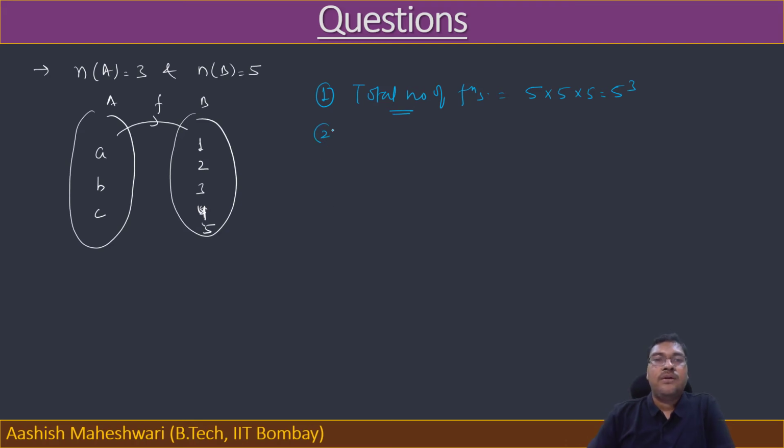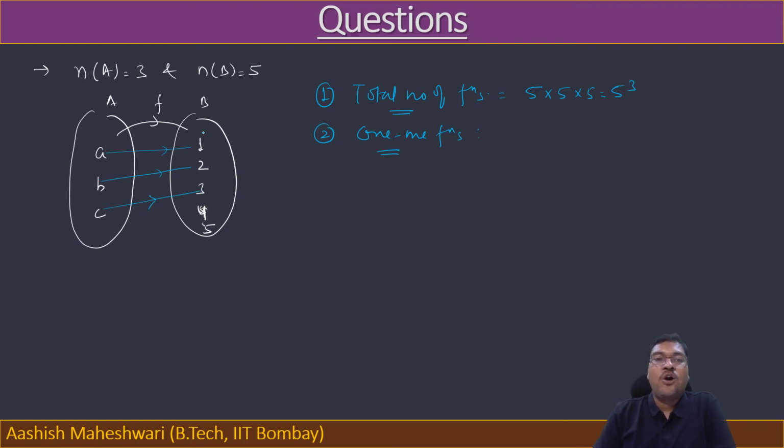Second, the total number of one-one functions. If you have 3 elements here, maximum how many elements can you take from B? If every element is mapped to a different element, for example A is mapped to 1, B is mapped to 2, and C is mapped to 3, this is one function.